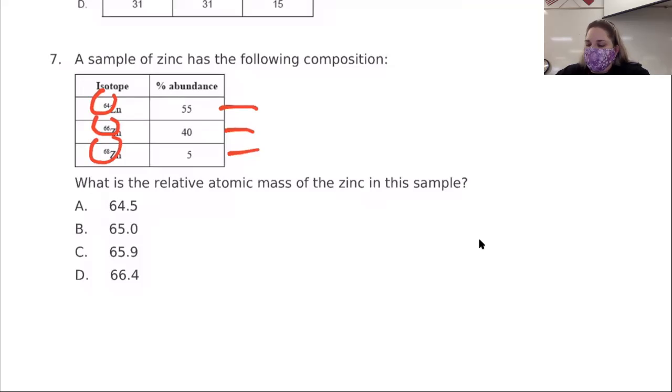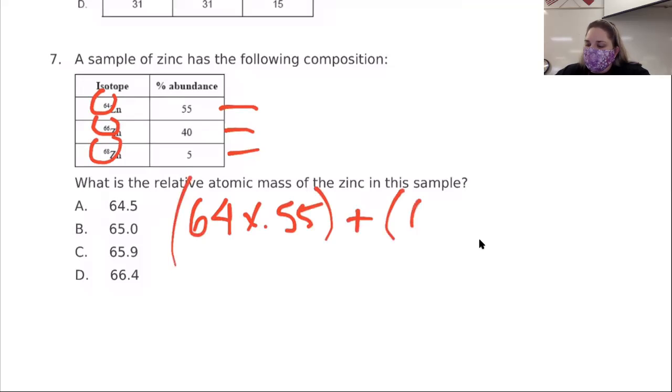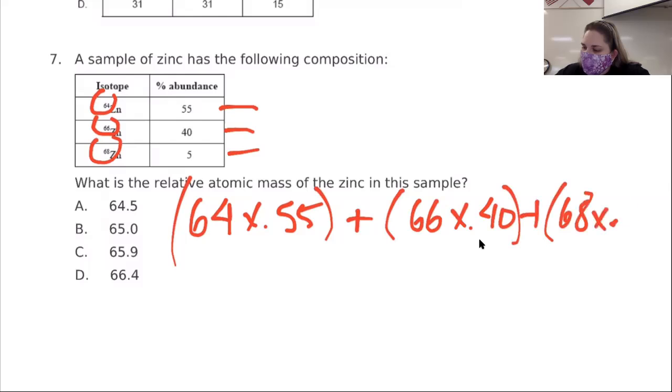So they might expect you to know that it's like 64 times 0.55 plus 66 times 0.40 plus 68 times 0.05. So that would probably be more like what the answer choices would look like on our test, because they know you don't have a calculator, so they're not going to expect you to do this.